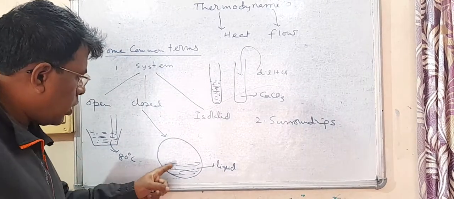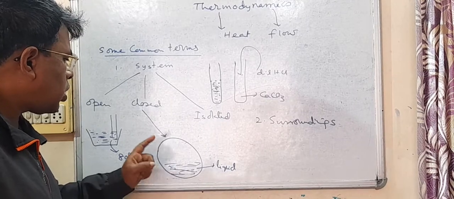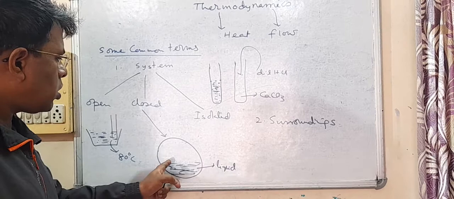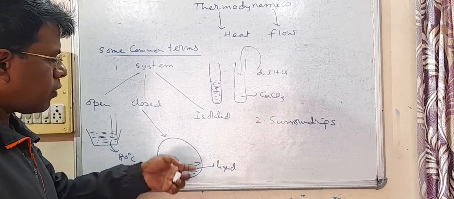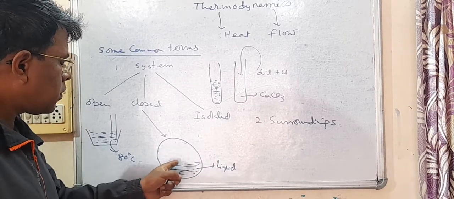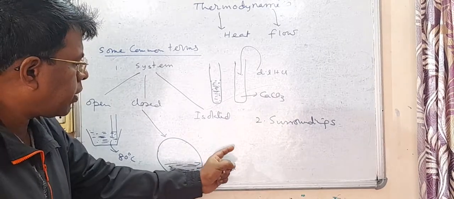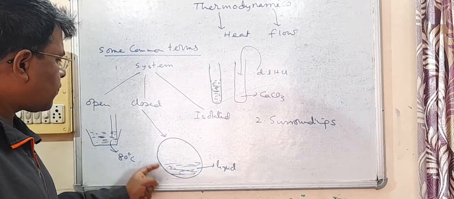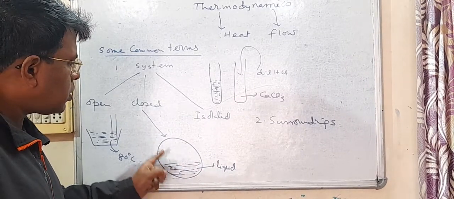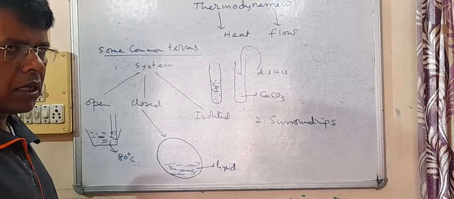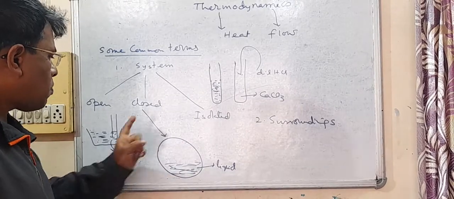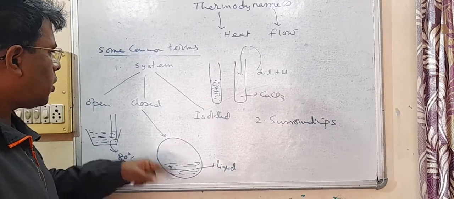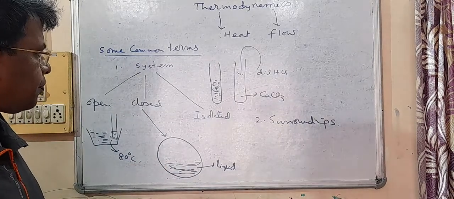Now this liquid or this system can exchange energy with the surrounding. Say heat energy can flow into it, heat energy can come out of it, but there cannot be transfer of mass between system and surrounding, because it is closed. So mass transfer is not possible, but only energy transfer is possible. Then it is called closed system.